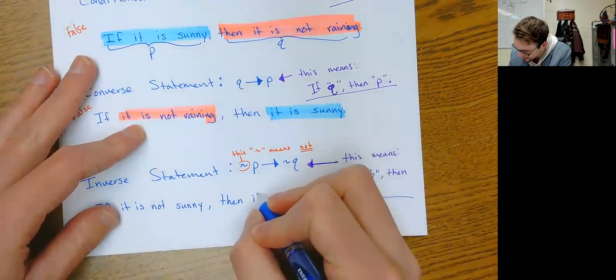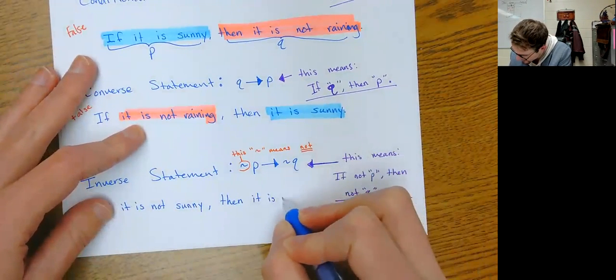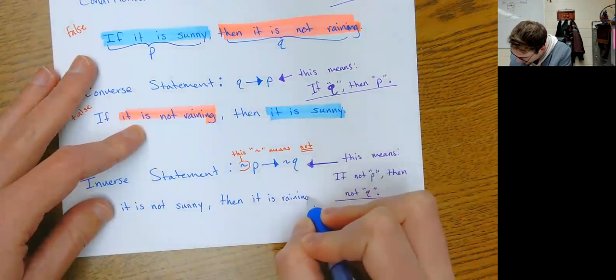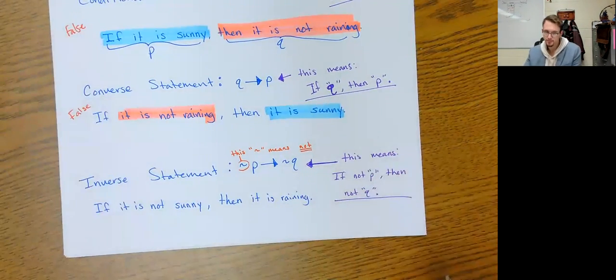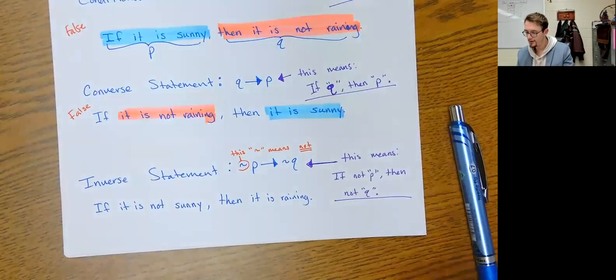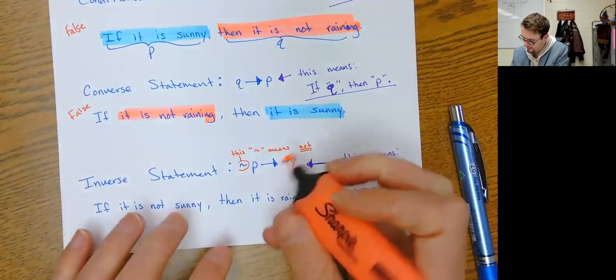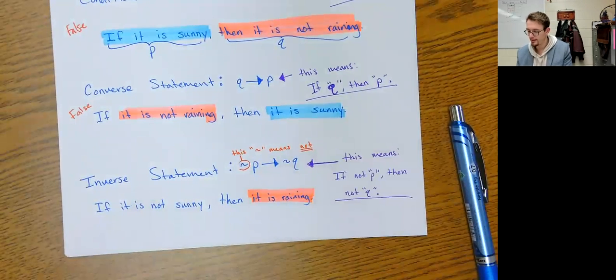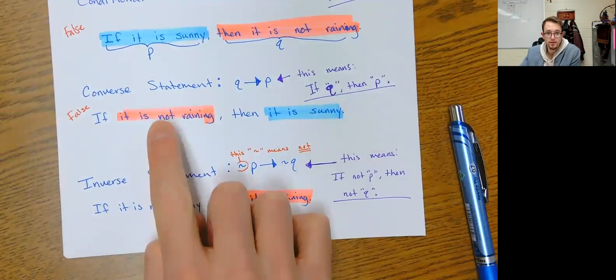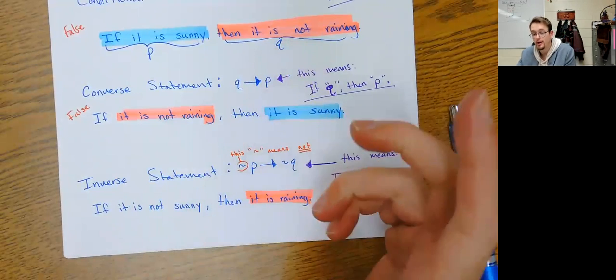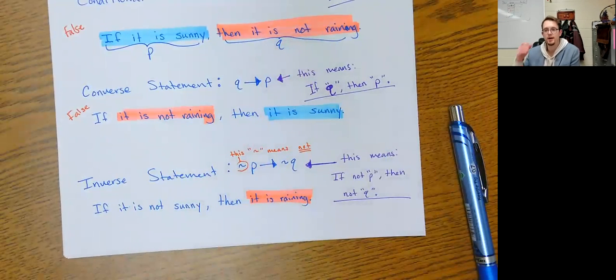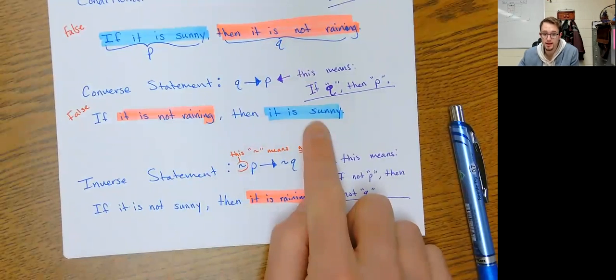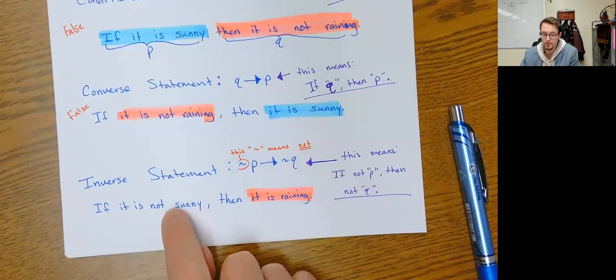So then it is raining. What we've done here is we put a not, then it is not raining. Or you can just think about it instead of not, which is a little confusing: what's the inverse of not raining? Raining. What's the inverse of it being sunny? Not being sunny.